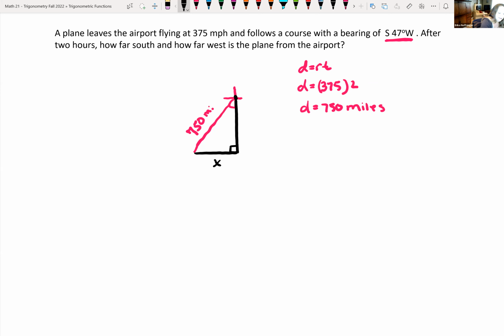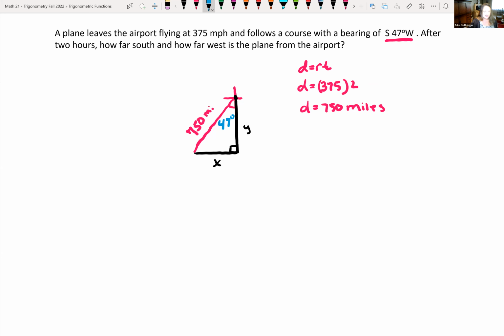Maybe call this X. Let's call this Y. Sometimes we need to do a little more math to find our angles, but our picture shows that our angle right here is 47 degrees. So I have my angle, I know my hypotenuse, and I want to find my opposite side. So let's find X first, the opposite side of 47 degrees.